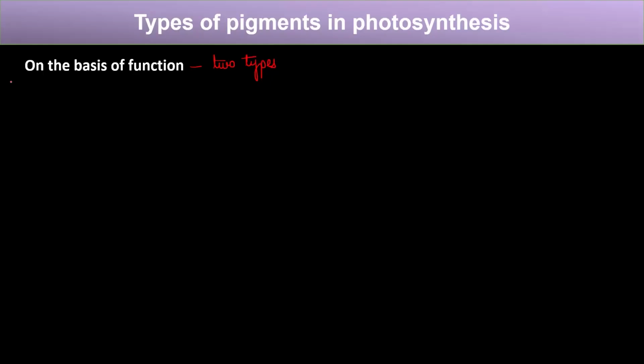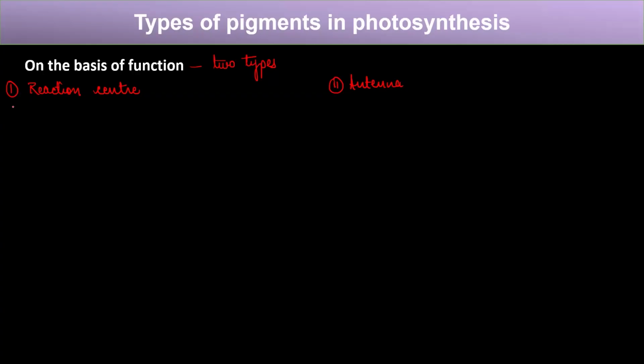The first type is known as reaction center, and the second type is known as antenna. So, on the basis of function, these are two types of pigments. Now, let's see about the reaction center.